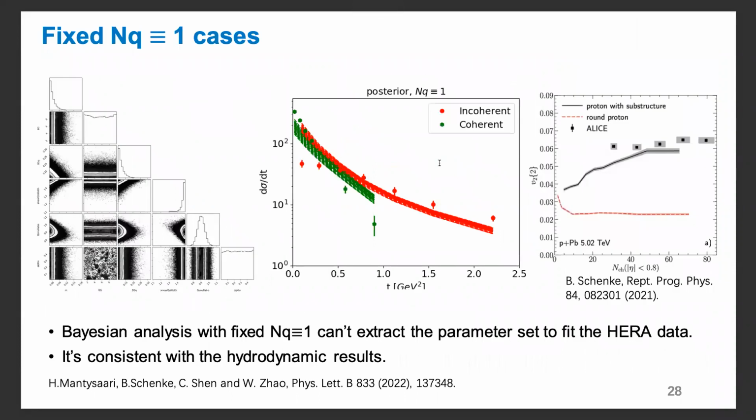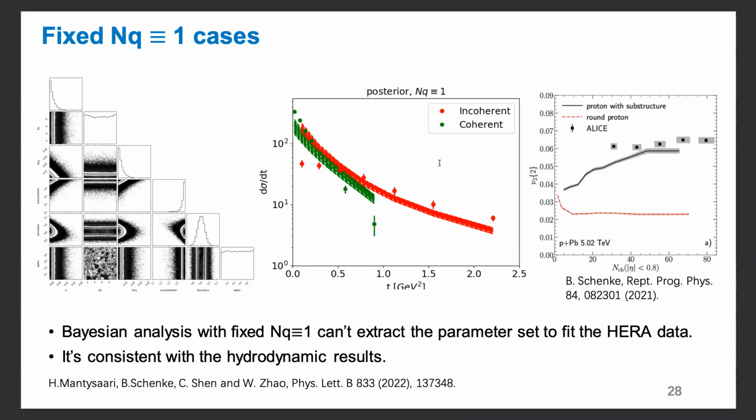We also have another test, just a fixed NQ case, where we train the emulator and use HERA data to try to extract something, which means we assume the proton has no substructure, or only has one valence quark. But in this way, the emulator will give very insane posterior distributions of these parameters, for example the proton size has very insane values.